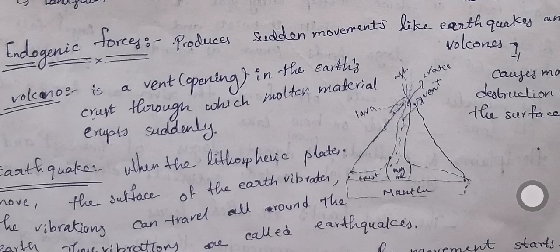If you see in the figure, it is the volcano. Sorry for the diagram. There is an opening which is called the vent. Through that vent, the magma comes from the interior of the earth to the outside.